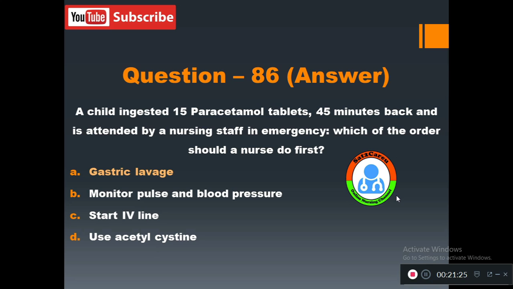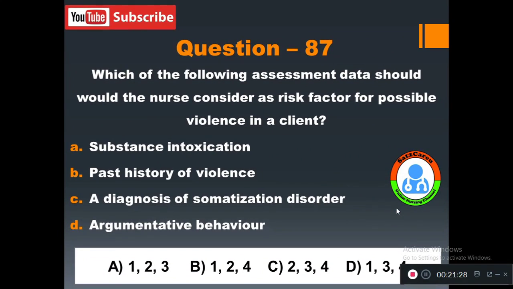Question number 87. Which of the following assessment data should the nurse consider as a risk for possible violence in a client? Here we have: 1, substance intoxication, 2, past history of violence, 3, diagnosis of somatization disorder, and 4, argumentative behavior.